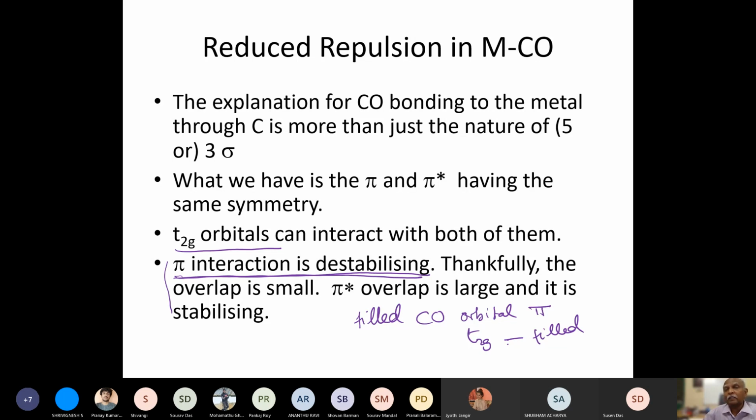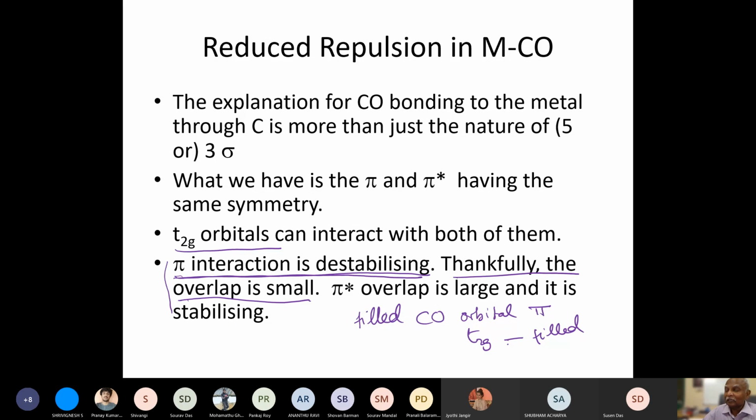So what happens is this is going to be a destabilizing interaction. Thankfully, this overlap is small, again for the same reason. In the pi orbital, where it is a bonding orbital, oxygen contributes more, being the more electronegative species. Oxygen contributes more and carbon contributes less to the bonding orbital. And this is something that we saw in the first.